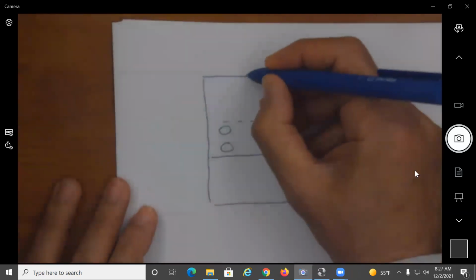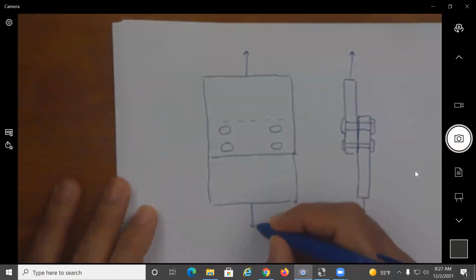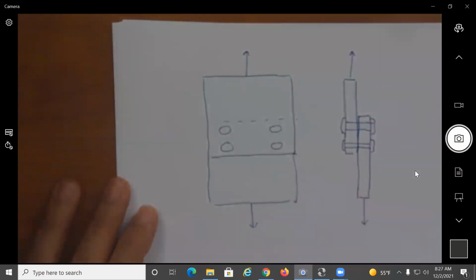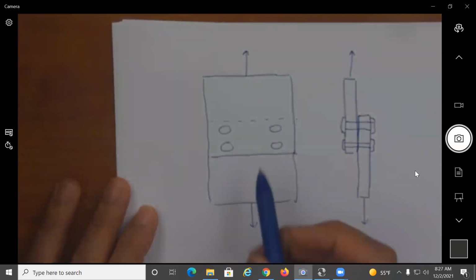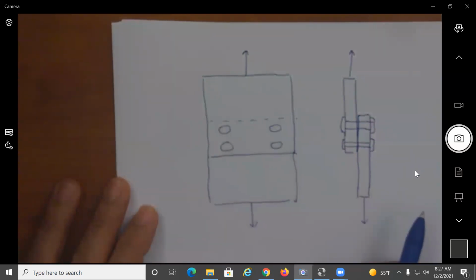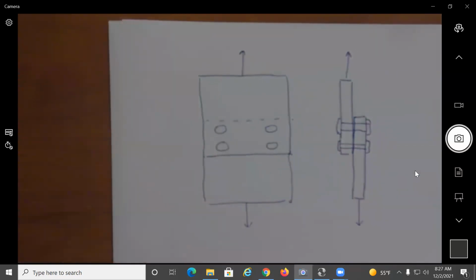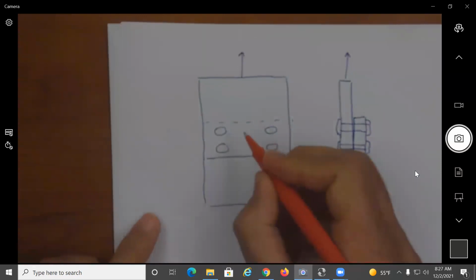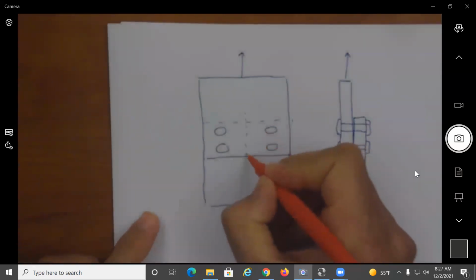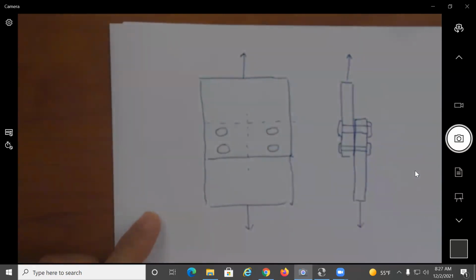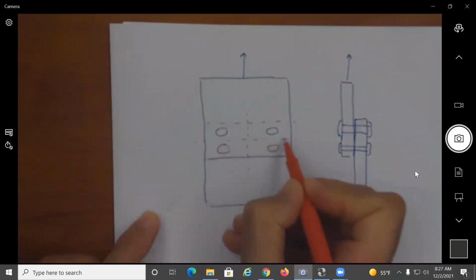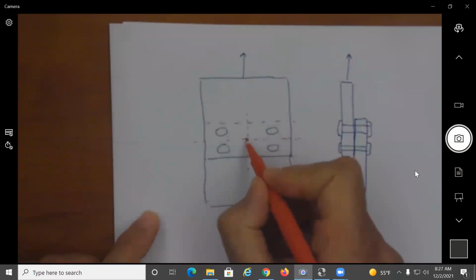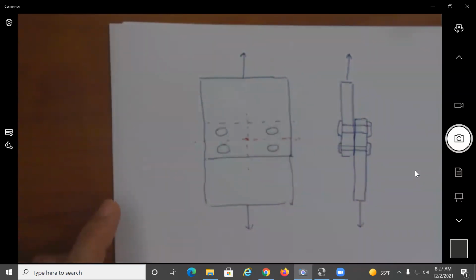So this force is applied like this, and this is how my fasteners are aligned. And if I look at these fasteners, I can clearly see that there is a line of symmetry here, and there is another line of symmetry here. And we can see that the centroid of these fasteners must be somewhere here.